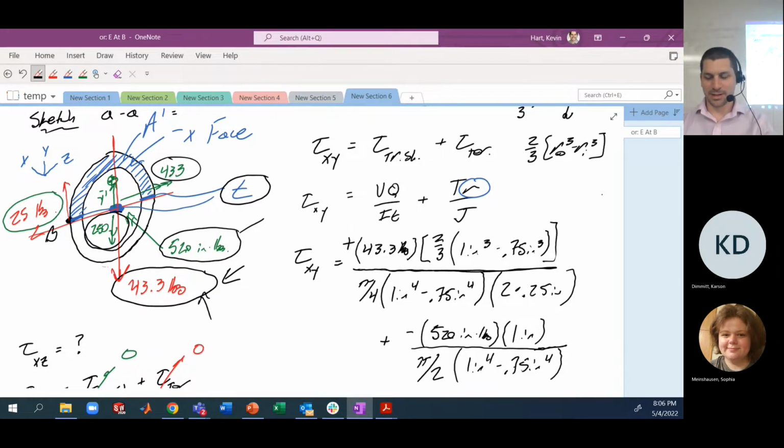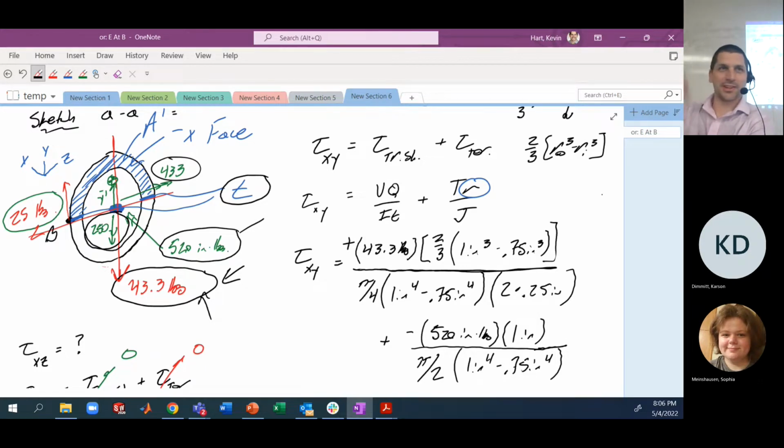The 250. What kind of stress is it going to contribute at B? Compression or tension? Compression. All right, the way you want to think about this is take that cross section, pull it out of the paper, and then bend around the double arrow. Pull that cross section out of the paper, try to bend around that double arrow.